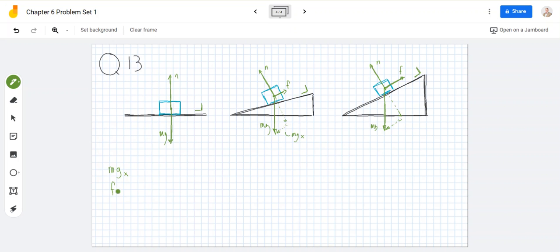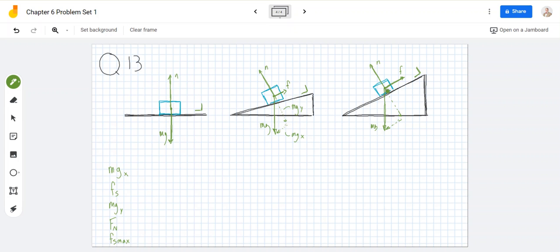Second question is what's happening to the static frictional force. They also want to know what happened to the perpendicular component, that's this one, mgy. And then they want to know what happens to the normal force. And of course, what happens to the Fs max.